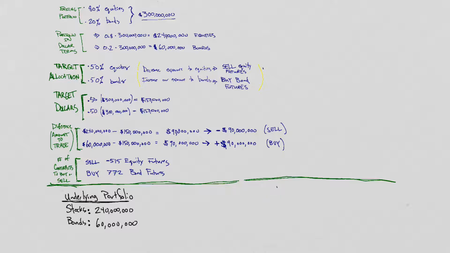So let's say that the underlying portfolio, the equities and bonds, that equities subsequently fell by, say, 3%, and bonds rose a little bit, by 1.25%.